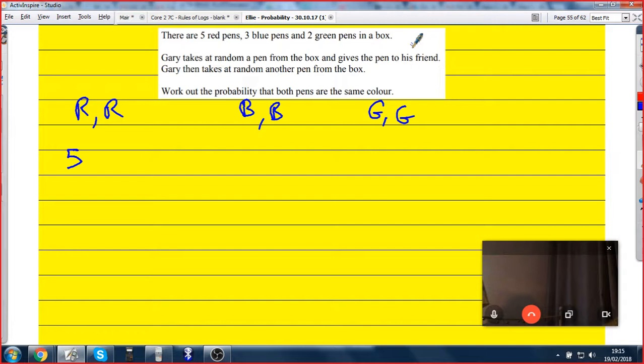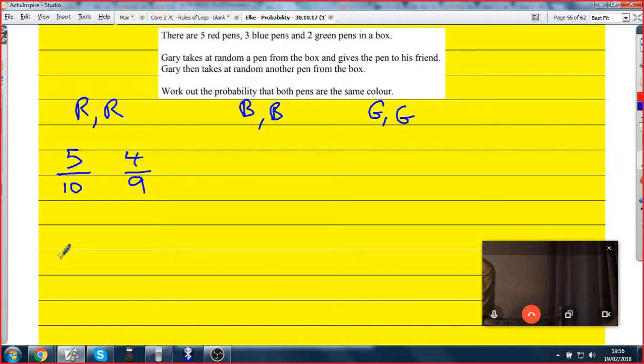So 5 out of 10. Yeah. Don't put the pen back in. So what's the probability of taking another red pen? 4 out of 10. It was 10, and you took a red out. 9. Yeah.